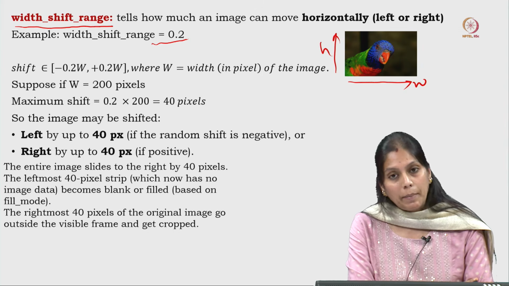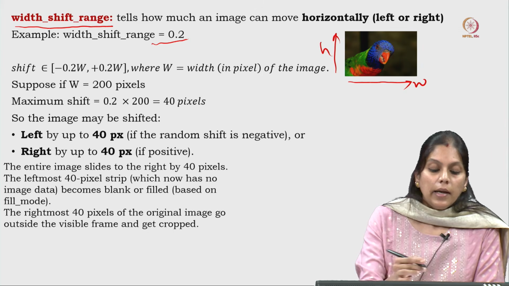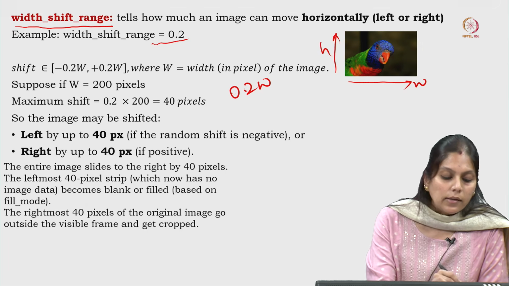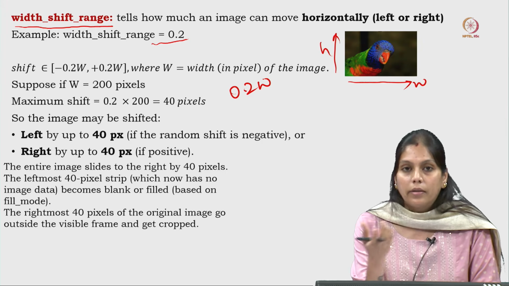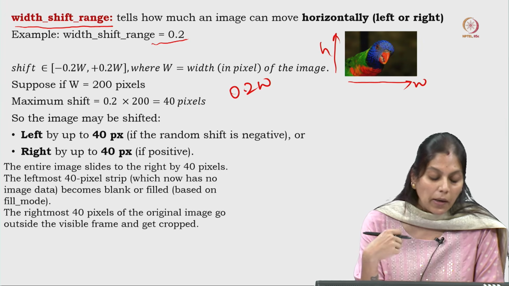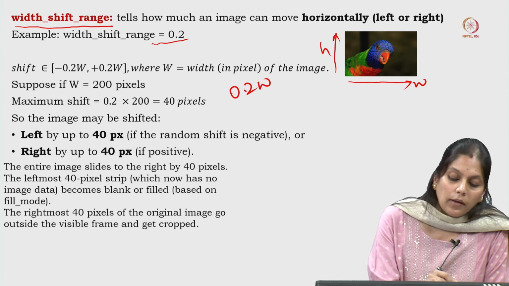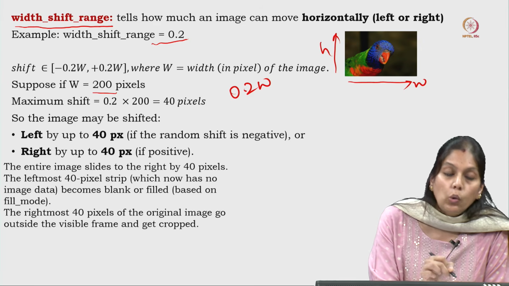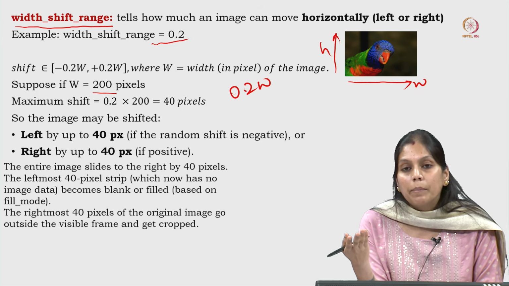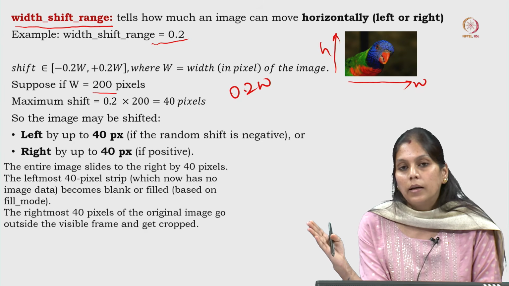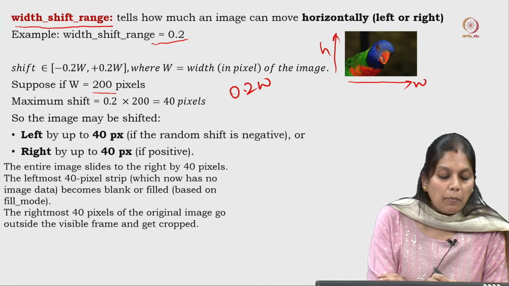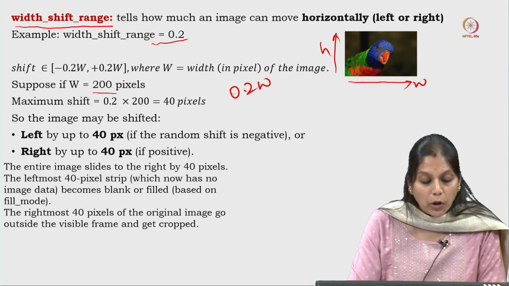And the mathematics that goes behind is 0.2 W. What is this W? W is the width in terms of number of pixels of an image. Suppose you take the width size as 200. We have seen the dimension of an image is always represented as number of pixels in the column, number of pixels in the row. So, width number of pixels here is 200.